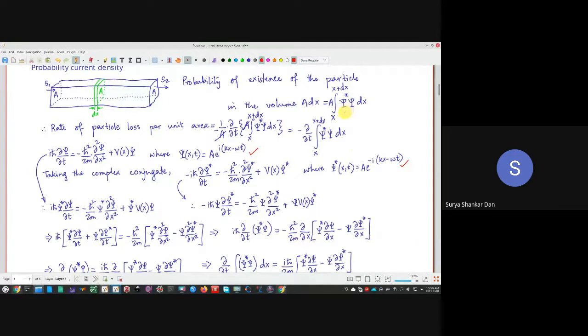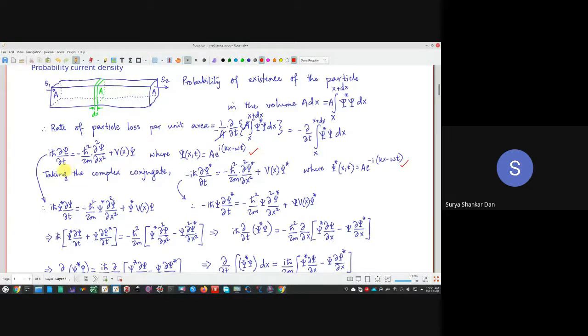Look, psi star is A e to the power of minus i something, and psi is A e to the power of plus i something. The plus i and minus i will cancel and you will get only A squared, that is the amplitude square. That's what I told you in the very first lecture. That essentially defines the probability of finding that carrier, it can be electron or whatever, between x and x plus dx within this particular volume.